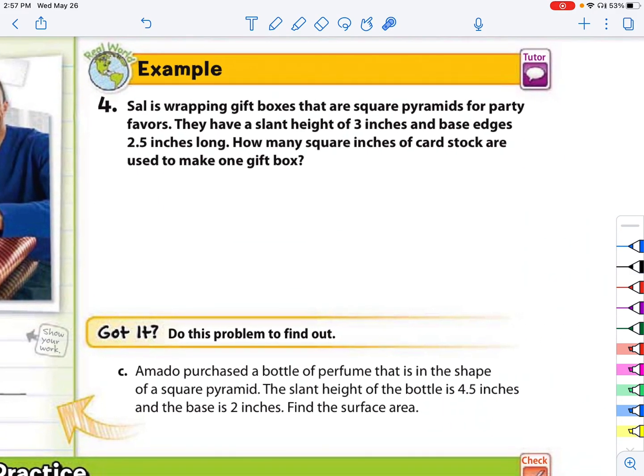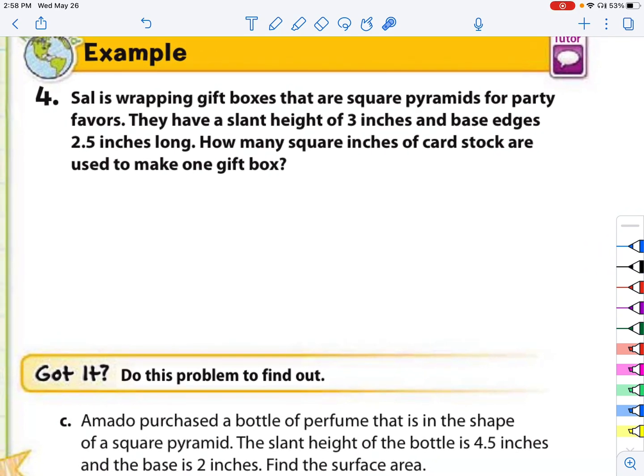Finally, let's finish this off with example number 4. In example number 4, this is a word problem as always. Sal is wrapping gift boxes that are square pyramids for party favors.